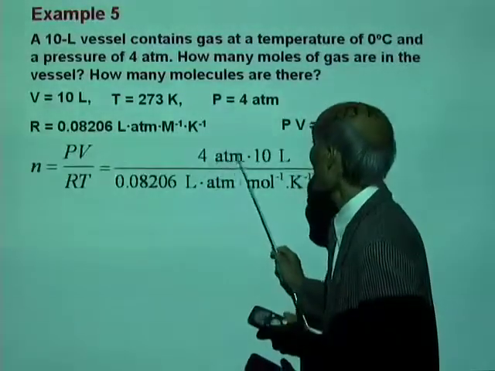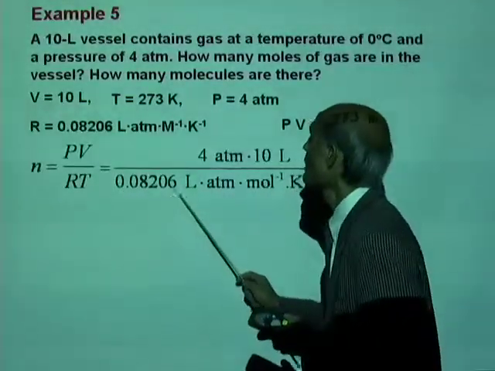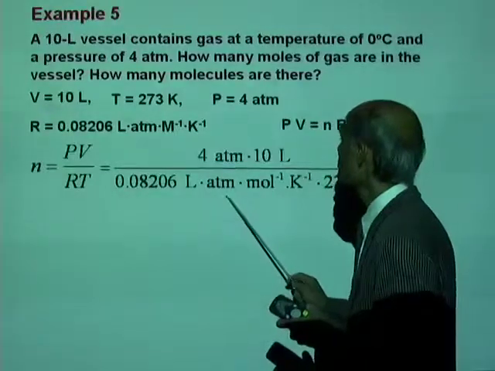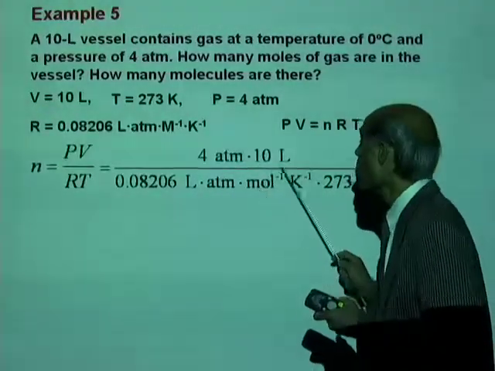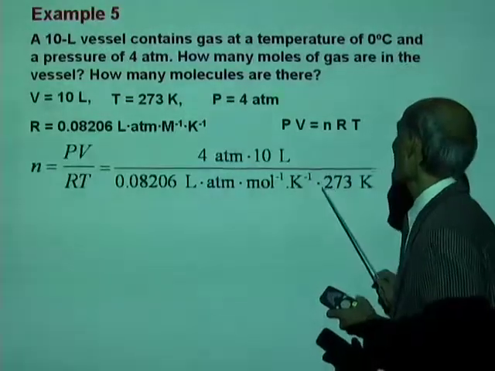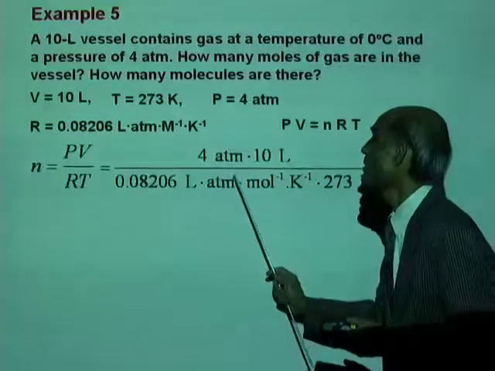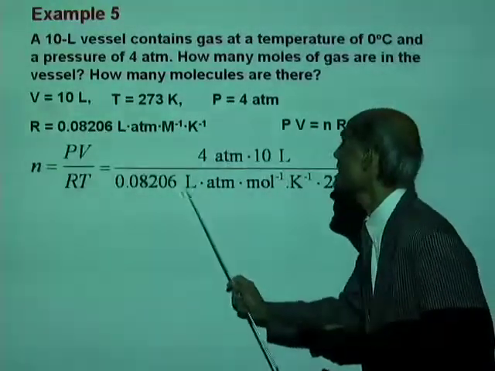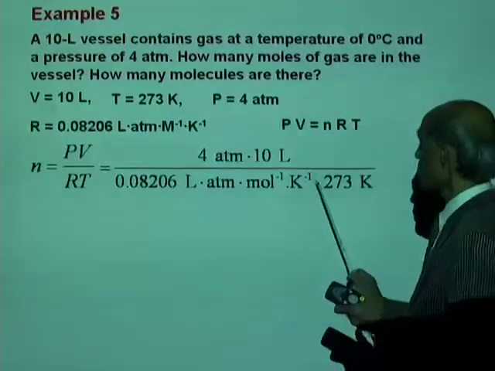That will be 4 atmosphere times 10 liters over 0.08206 liter atmosphere per mole per Kelvin times 273 Kelvin. And look at the units now. Liter and liter, atmosphere and atmosphere will cancel.